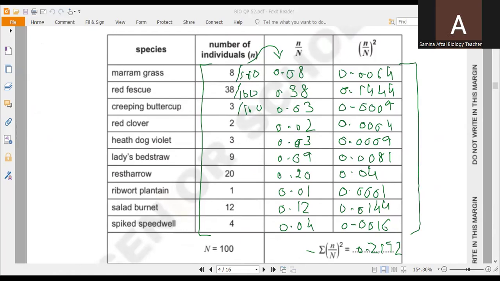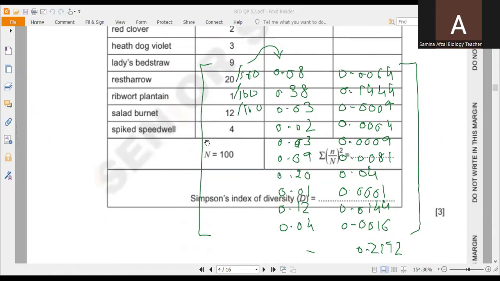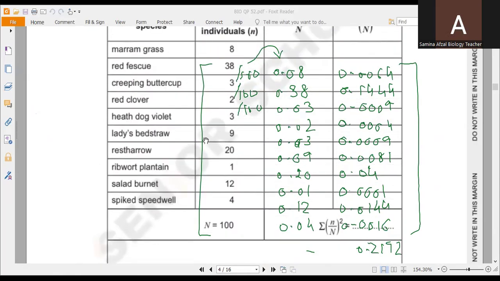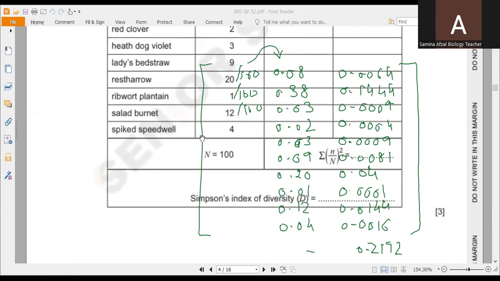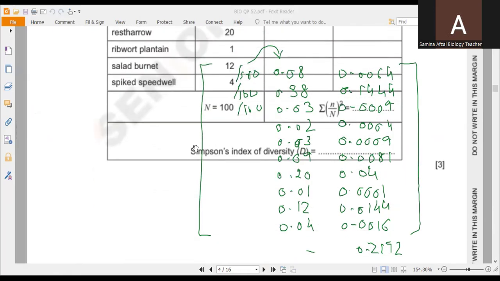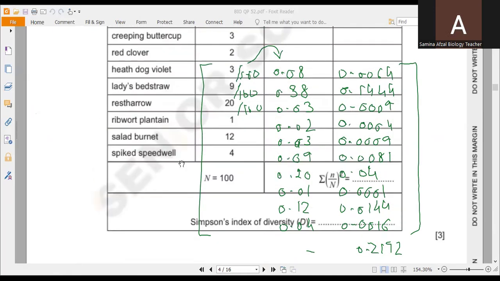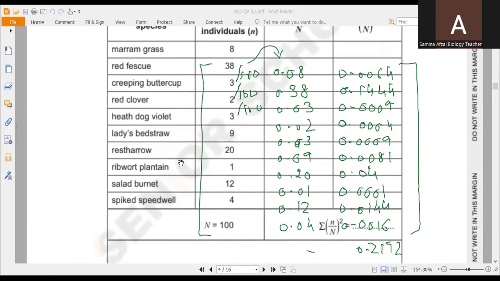2172. Now we are moving towards the next part. That is, we have to find the diversity D. So for this diversity D, it will be equal to, I am writing it on one side.